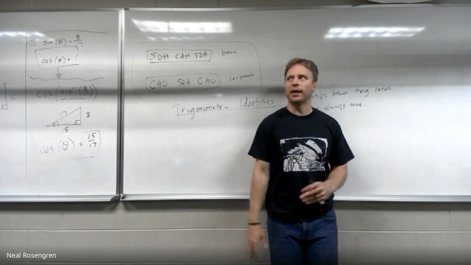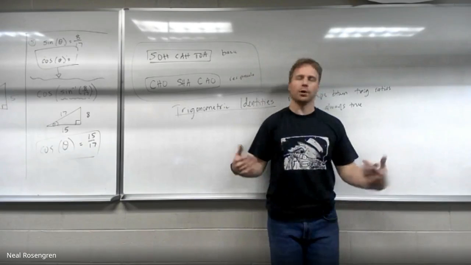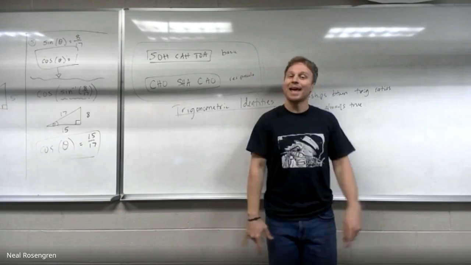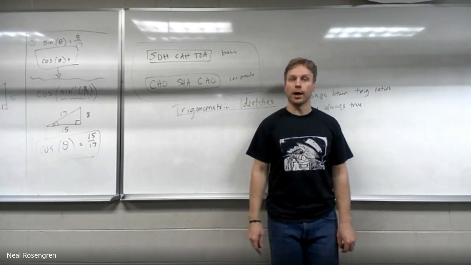Sine of theta is equal to y if you're in the unit circle. Cosine of theta is equal to x. Tangent is equal to y over x.